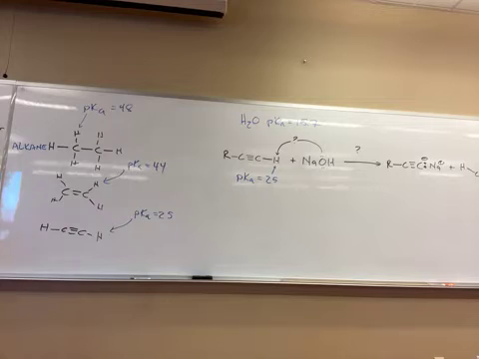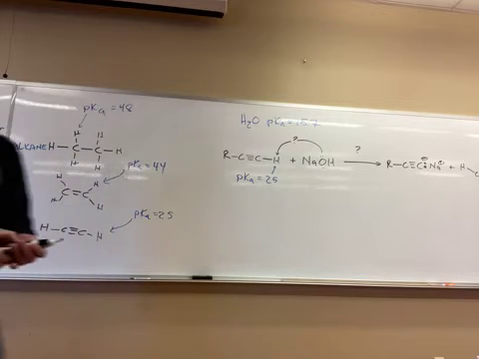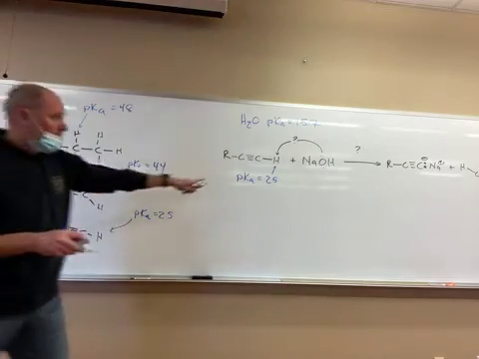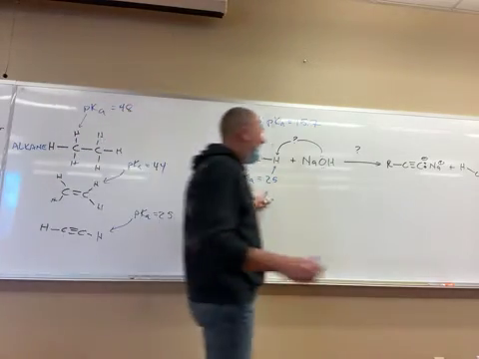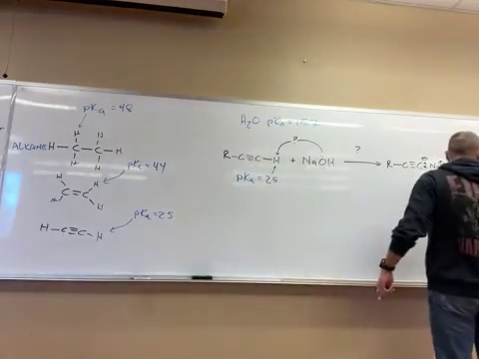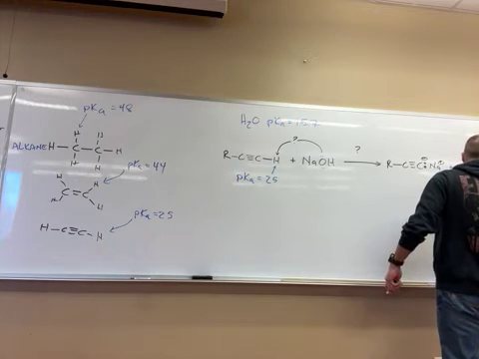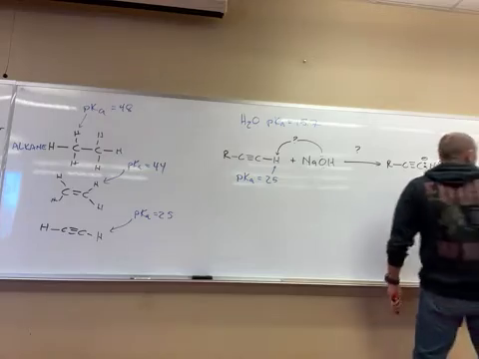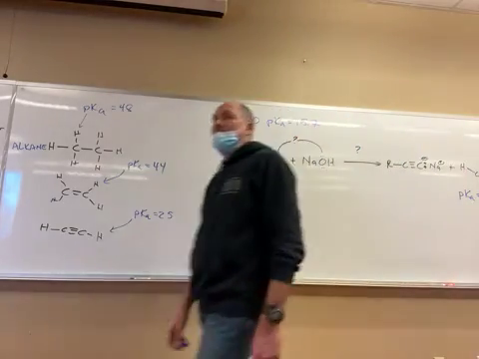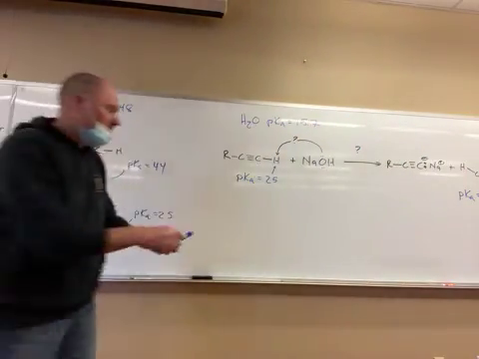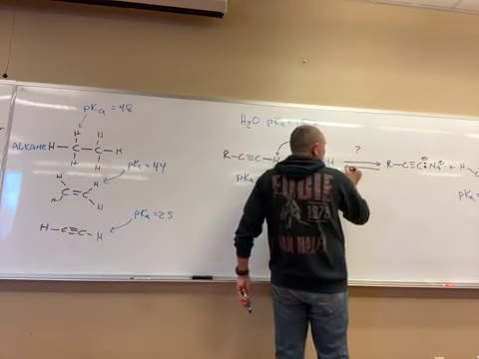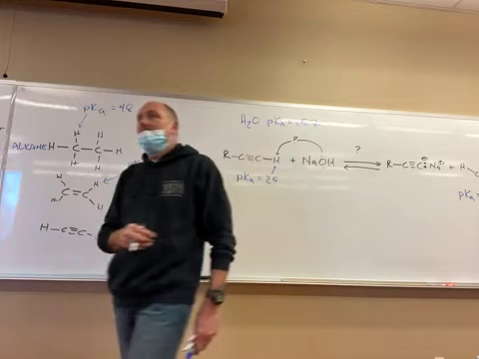And here's how we address that. Knowing the pKa of the alkyne is 25, knowing that the pKa of water is 15.7, you tell me which direction, because this is an equilibrium process, which direction does the equilibrium go?